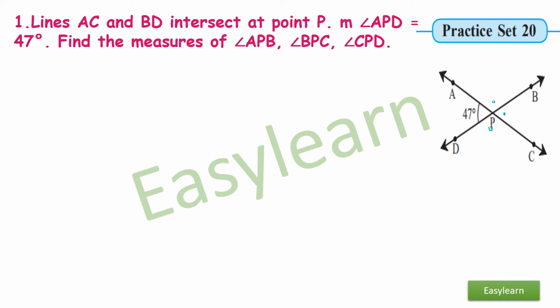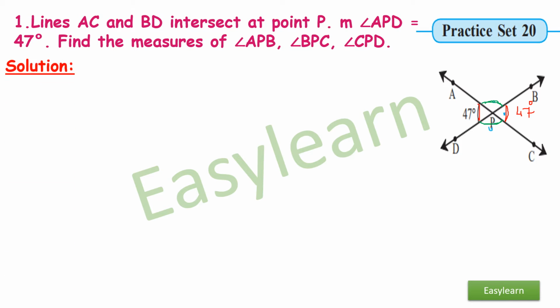Now we know what vertically opposite angles are. So for this angle, this is the vertically opposite angle. So if APD is 47, this also will be 47. Why? Because it's a vertically opposite angle. Then the next pair of vertically opposite angles are these two angles.